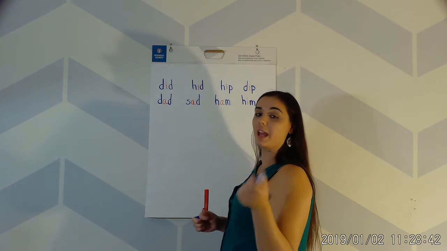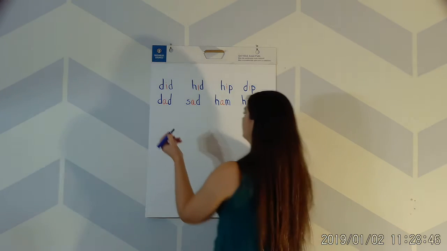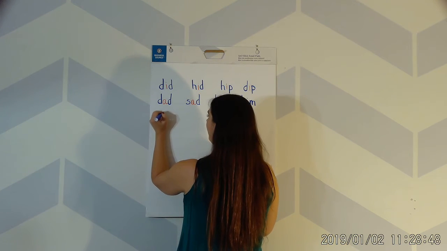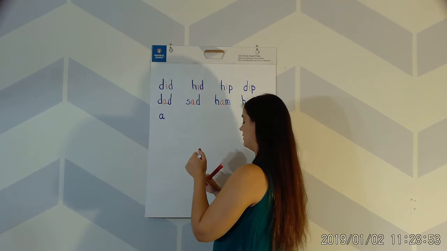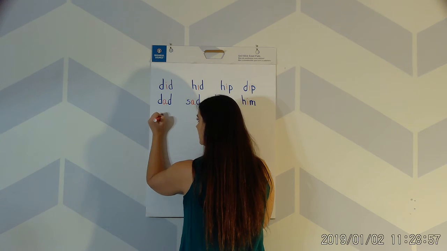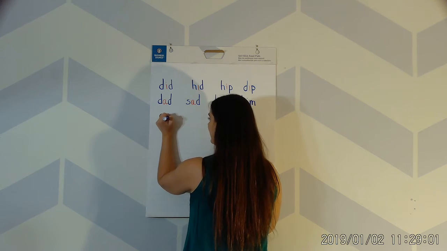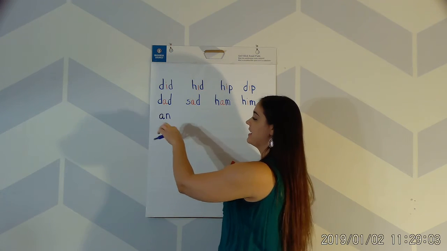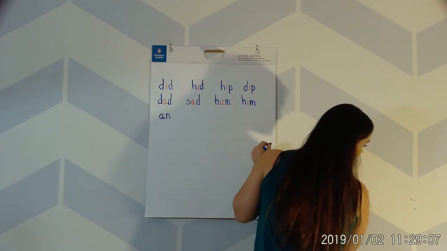An. Your turn. An. A, n, an. A says what? A. Let's do that in red. Silly Miss Porter. All right. And N says n. An.